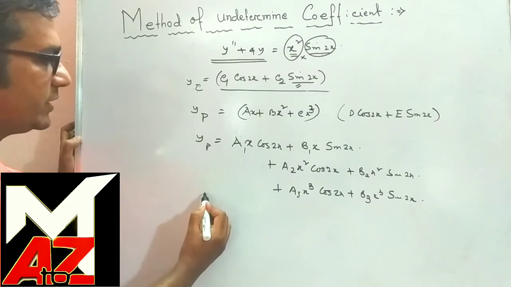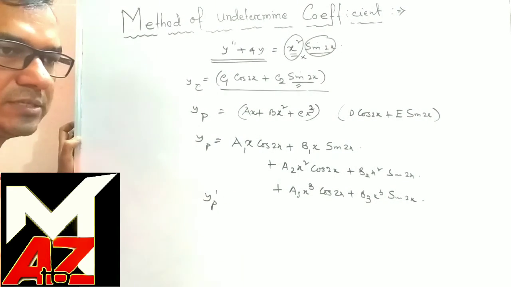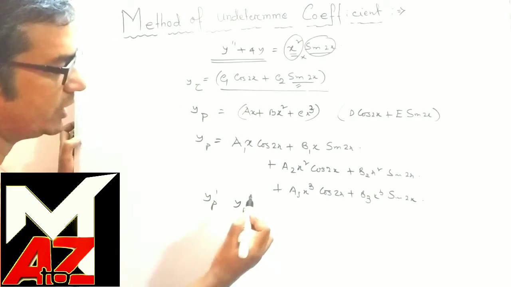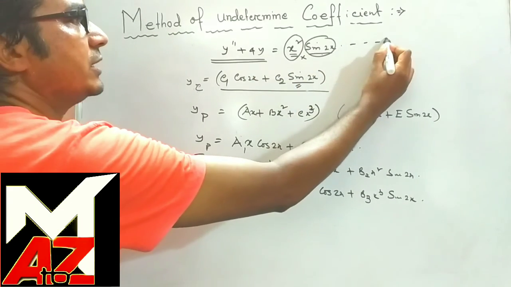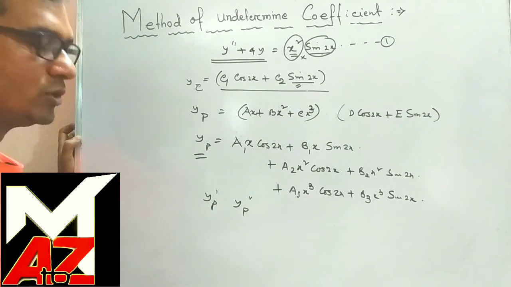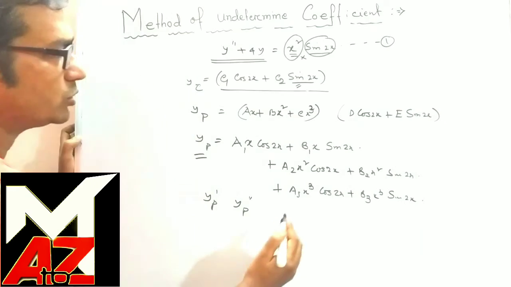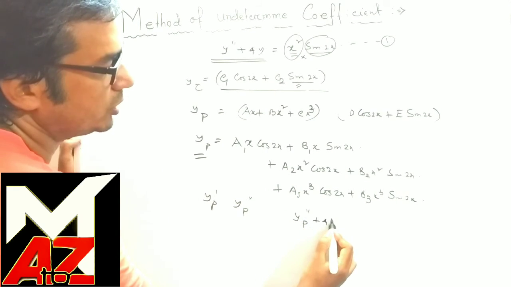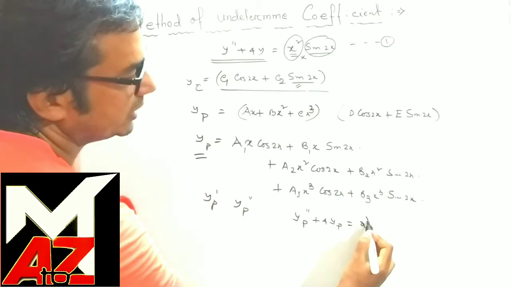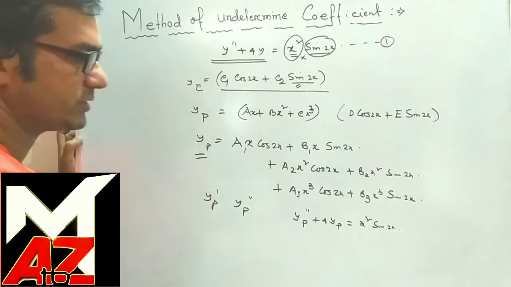Now we find yp dash and yp double dash, and since this is the solution of equation 1, we can write yp double dash plus 4 into yp equal to x square sin 2x.